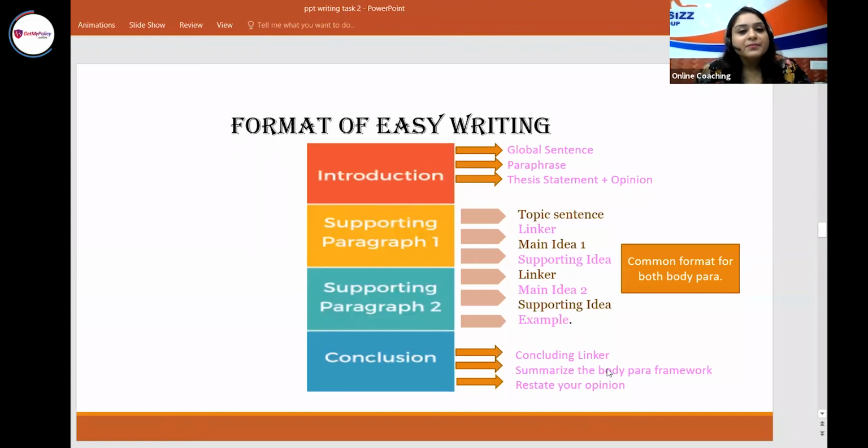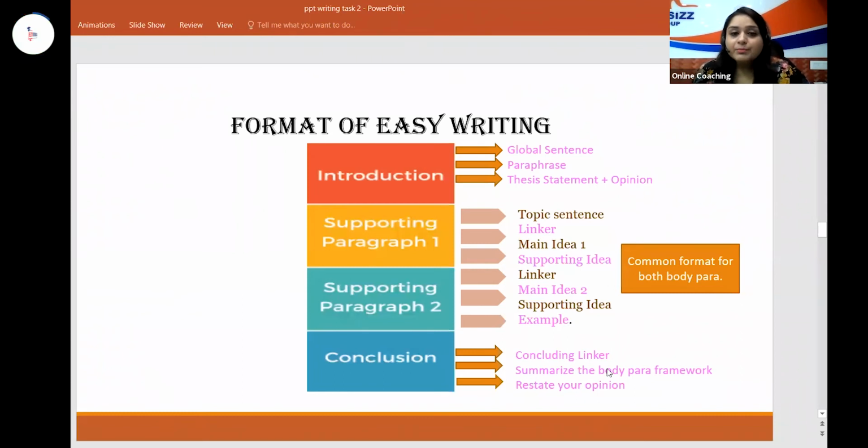The format is, the essay writing must have 4 paragraphs. You have to write first the introduction, supporting paragraph part 1, that means body paragraph 1, supporting paragraph 2, that means body paragraph 2, and conclusion. So you should have 4 minimum paragraphs in your essay writing.